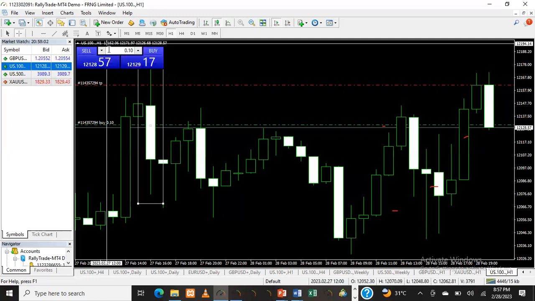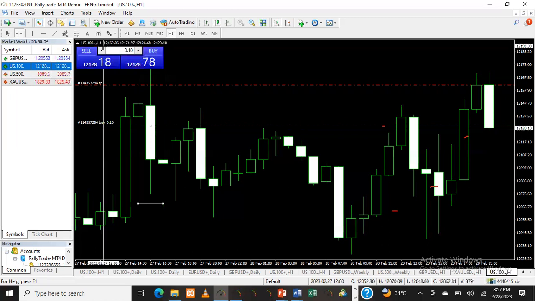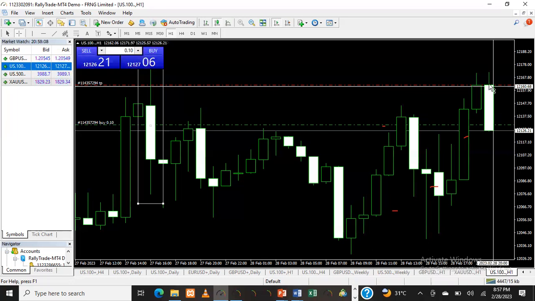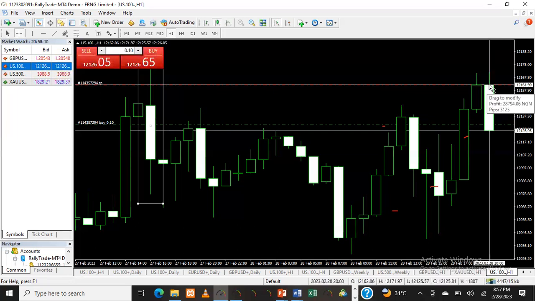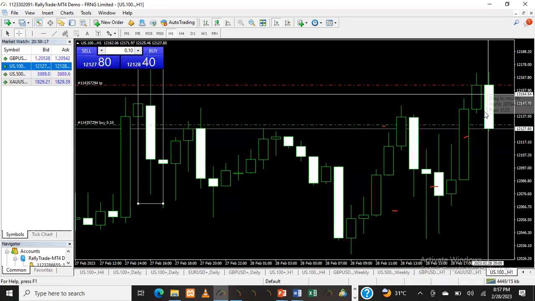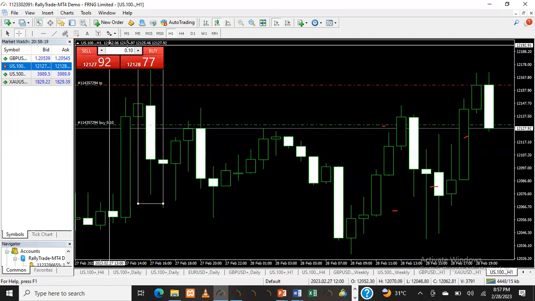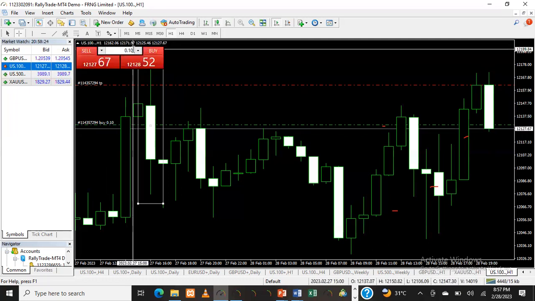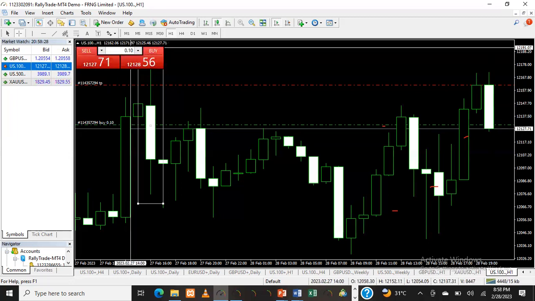So let's find out if this price is going to rhyme with this price here. So we said what we are seeing here is 12,162.06. So let's confirm. It says 12,162.06. Okay. Then we'll have the highest price, which is 12,171.